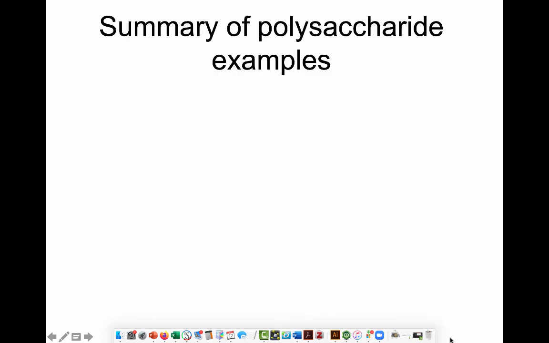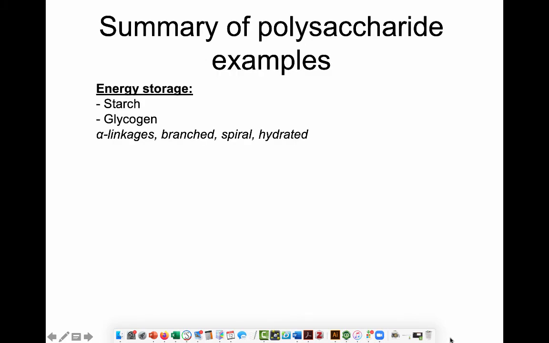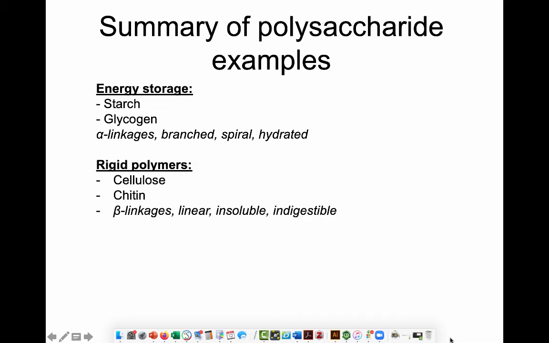Just to summarize the polysaccharide examples that we've seen, there are those that are involved in energy storage. There's starch and glycogen. These tend to be connected by alpha linkages. They're branched, they have a spiral or helical type structure, and they are highly hydrated. There are rigid polymers such as cellulose and chitin. These are homopolysaccharides that are connected by beta linkages.